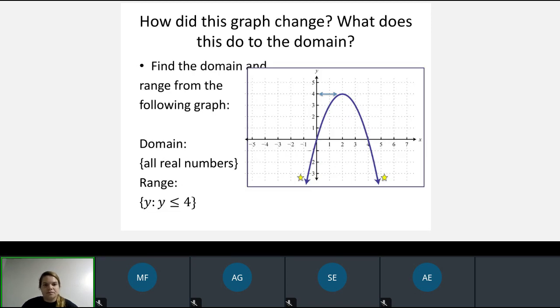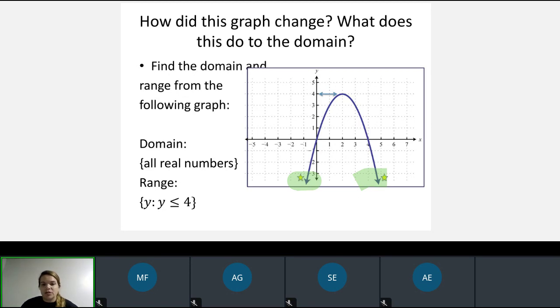All right, so the difference from that graph to this graph is going to be our endpoints. So when our endpoints are arrows, that means that they are continuous. Okay, and so our domain is going to be all real numbers. Okay, our range here, since this graph continues on, it's going to go to negative infinity.